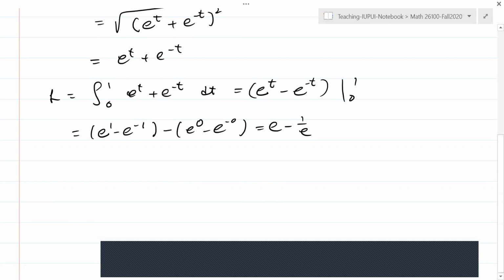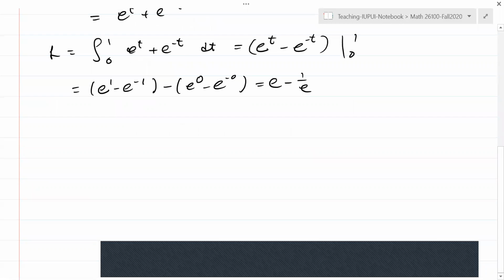Right. Now, today's topic is about motion in space, and I already mentioned that before. So imagine, given r equals r(t), where t goes from a to b. Imagine this is a position function of a moving object.